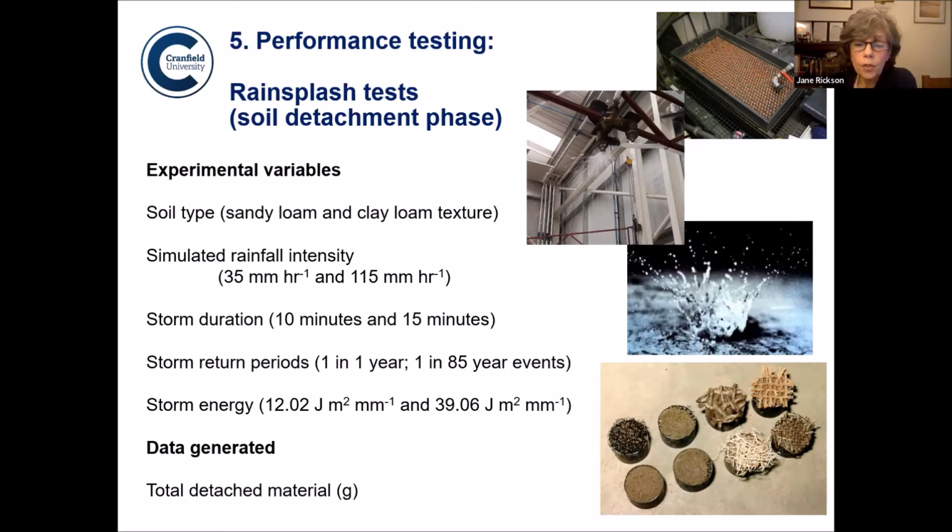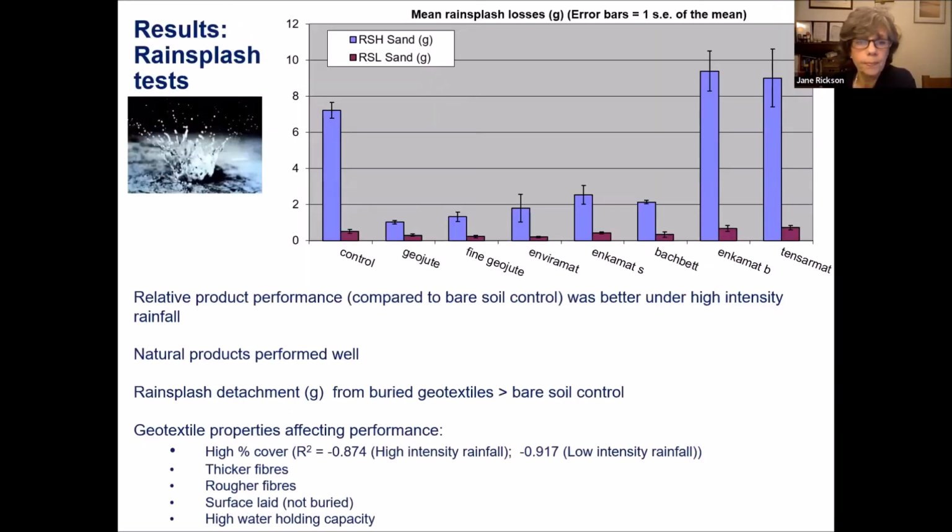What we could do from this test is then compare the total detached material from those different products, from those splash cups. The reason that they're so small is that we didn't want any overland flow generated. We just wanted to look at that raindrop impact, that rain splash process, without any overland flow, surface runoff being generated.